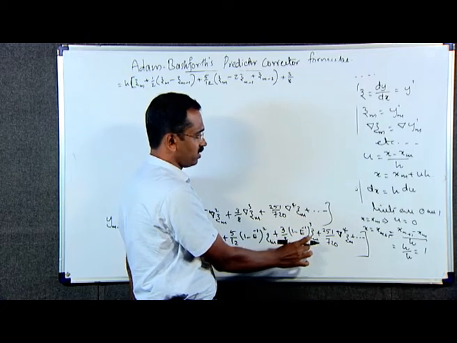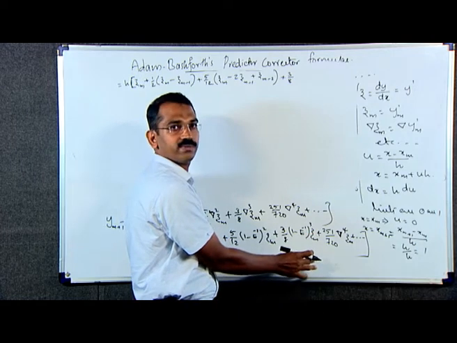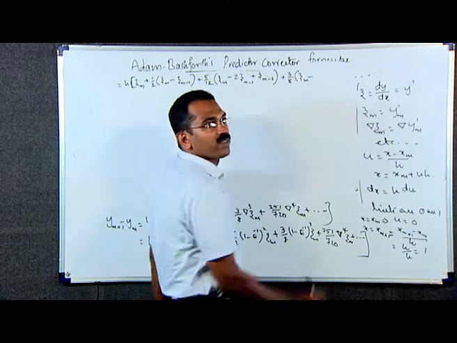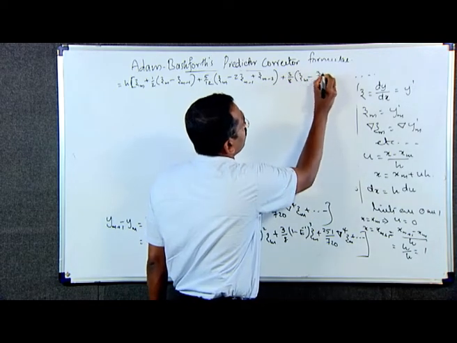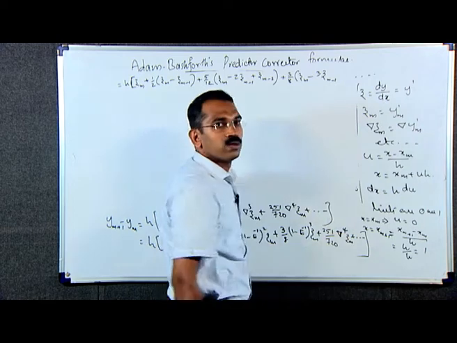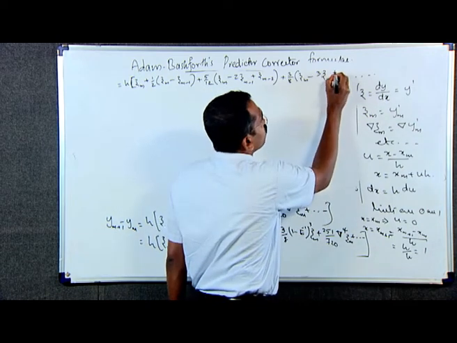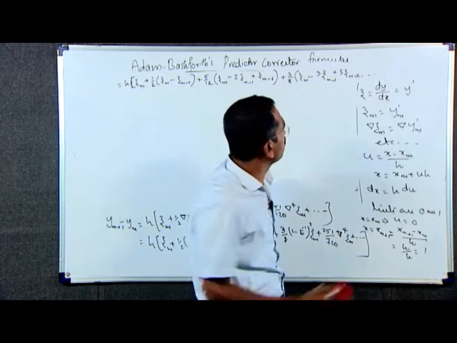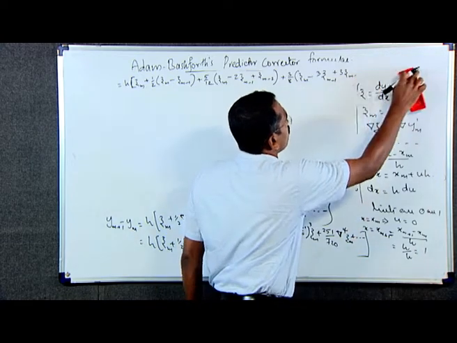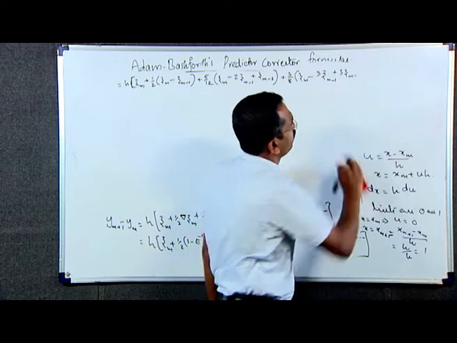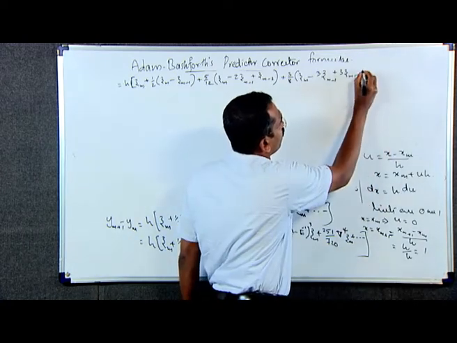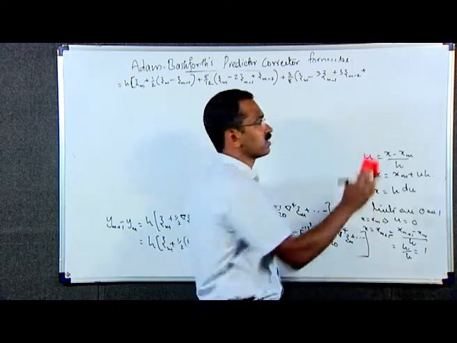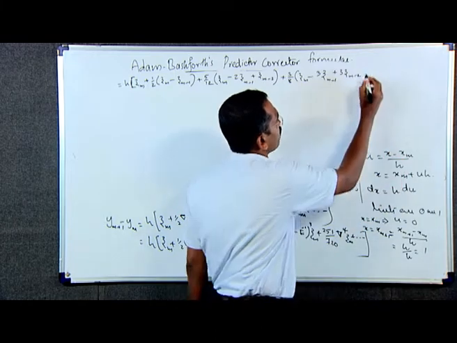We will get this (1 minus E inverse) whole cube Z_m as Z_m minus 3 into Z_{m-1} plus 3 into Z_{m-2}, minus Z_{m-3}, not plus, minus Z_{m-3}.